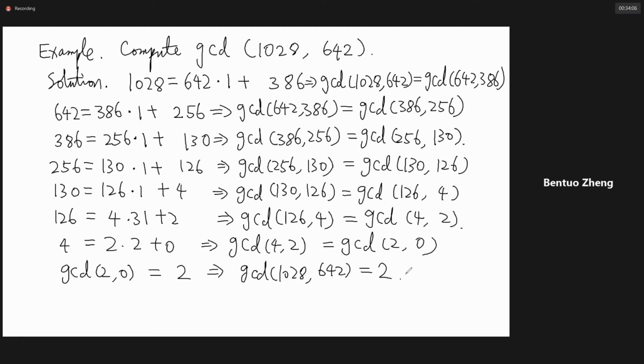So another application of the Euclidean algorithm is that once you use it to find the greatest common divisor of two numbers, you are able to write the greatest common divisor as a linear combination of the two numbers, because we have a theorem which says that the greatest common divisor of any two integers can be written as a linear combination of these two integers.